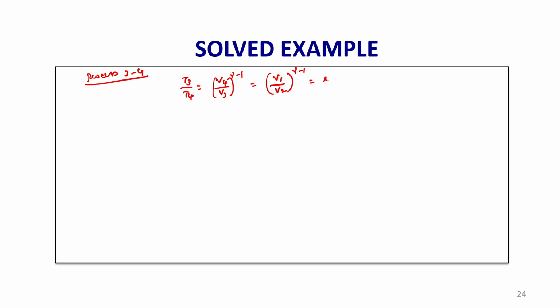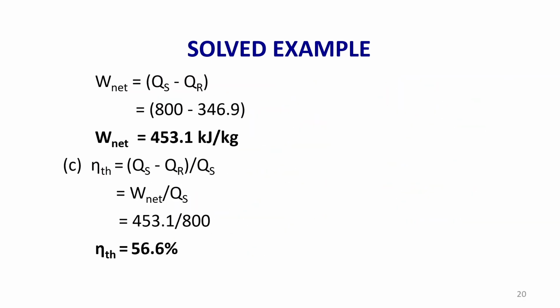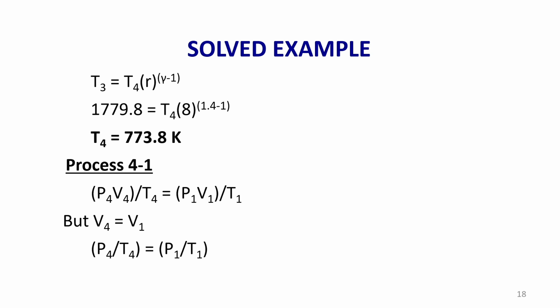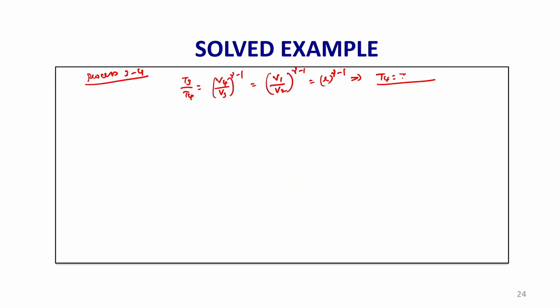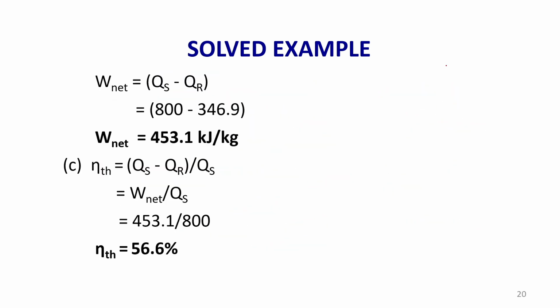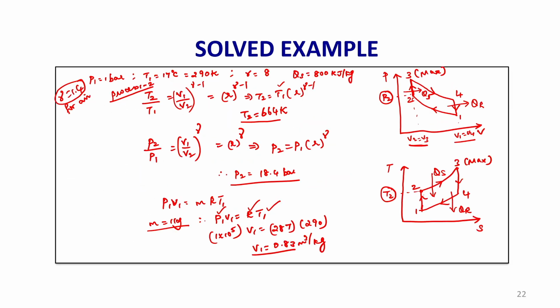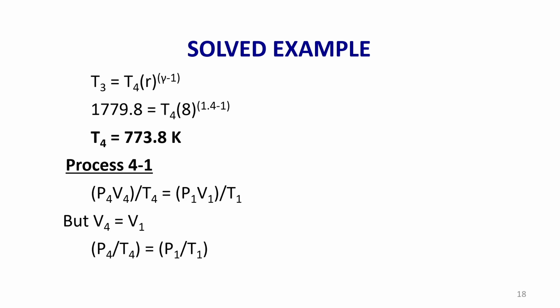So, this becomes r power gamma minus 1. Using this formula I can find T4. So, T4 is 773.8 Kelvin.